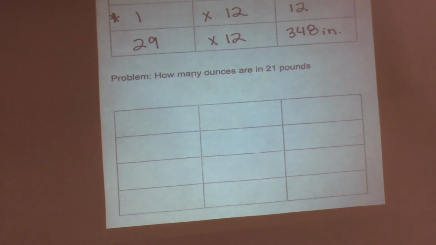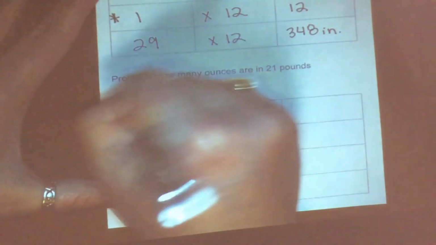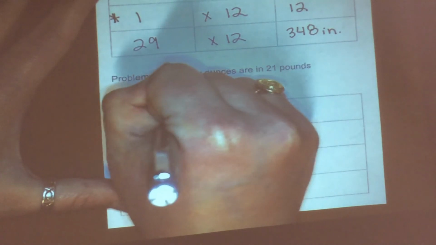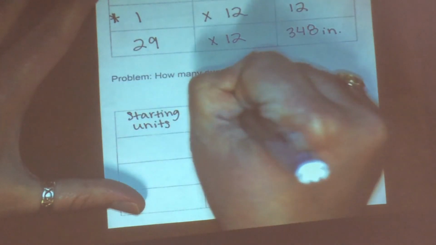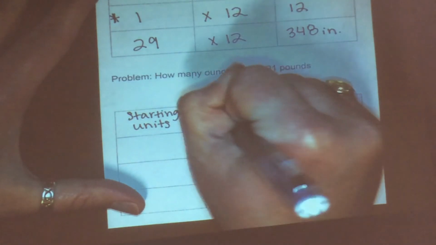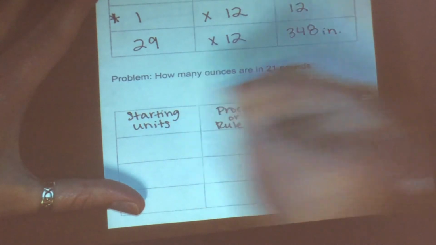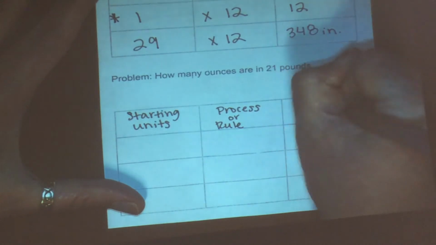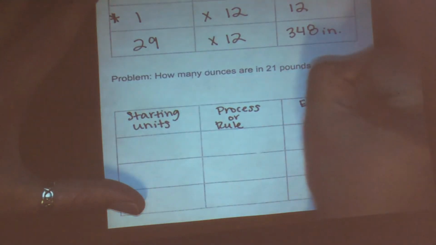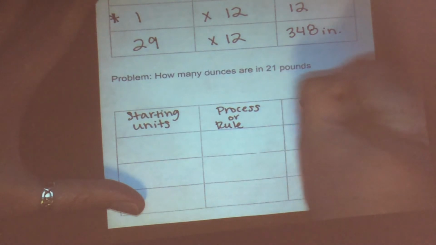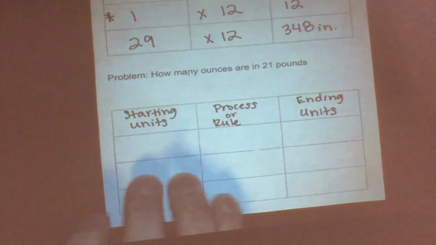Okay. So the very first thing I'm going to do, since I have it drawn already, is label starting units and ending units.